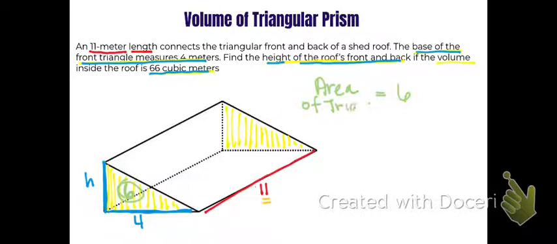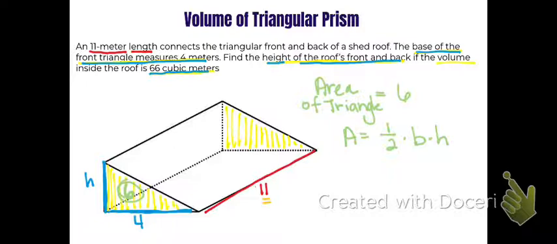Because in the formula for the area of a triangle, we use the word base. So again, using the same word so it can get confusing. So if the area of the triangle is 6, let's think of the formula for the area of a triangle. And that is 1/2 times the base of the triangle times the height of the triangle.